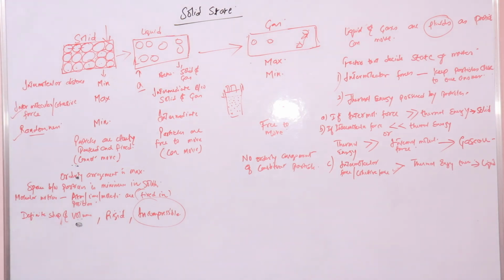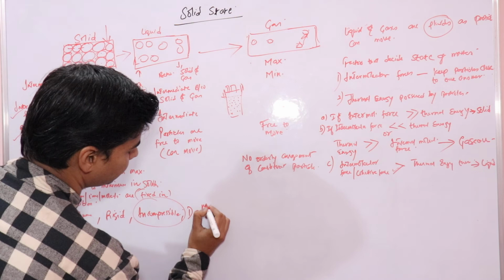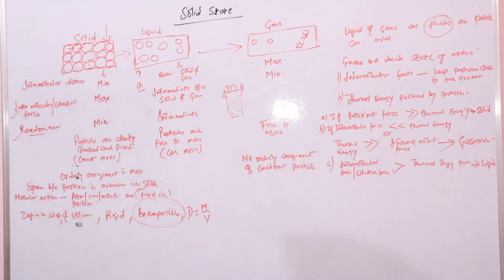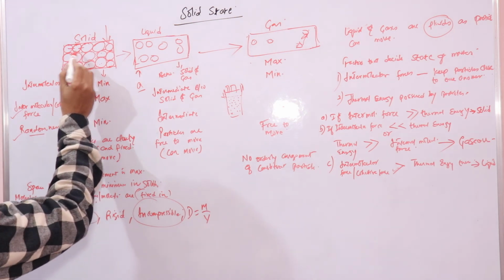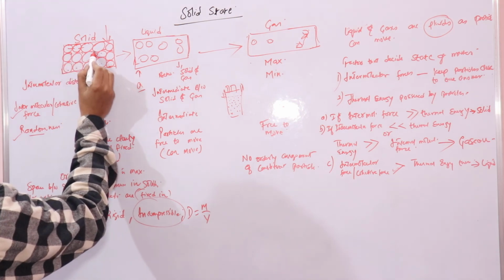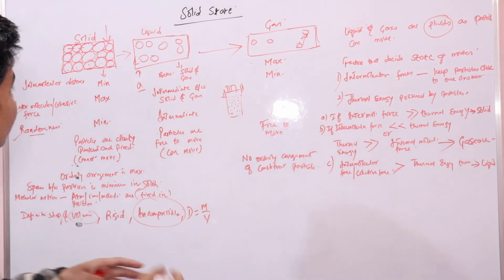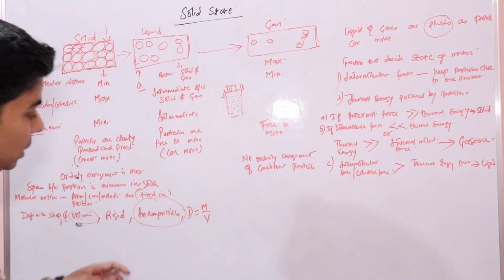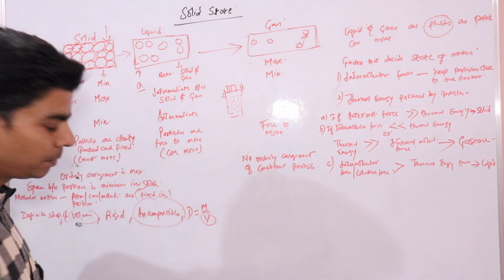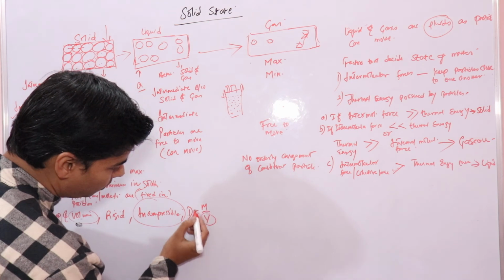Another property is that solids have high density. Density is mass per unit volume. The volume or space between the constituent particles is minimum. Density and volume are inversely related: the less the volume, the more the density.